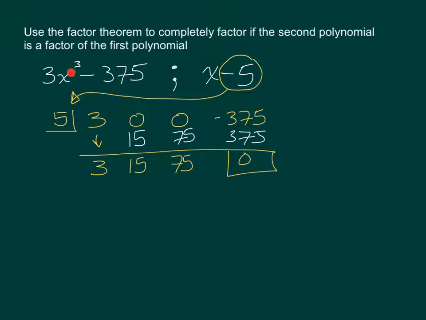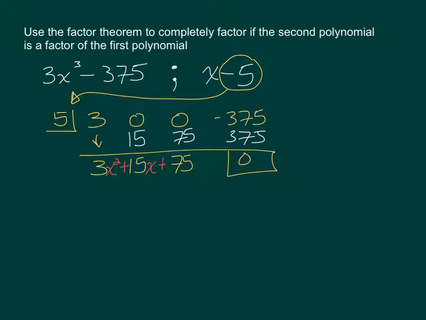And since we started out with an x cubed, we know that this first term will have an x squared, and that's 3x squared plus 15x plus 75. From here, we need to factor this polynomial now, if we are able. And as it stands, these numbers look really large.